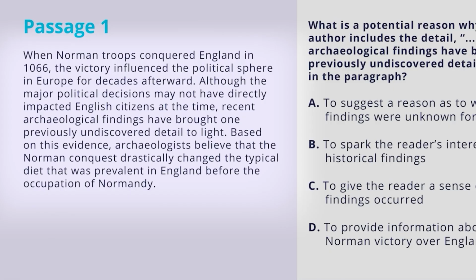Although the major political decisions may not have directly impacted English citizens at the time, recent archaeological findings have brought one previously undiscovered detail to light. There's that piece from the question. Based on this evidence, archaeologists believe that the Norman conquest drastically changed the typical diet that was prevalent in England before the occupation of Normandy.